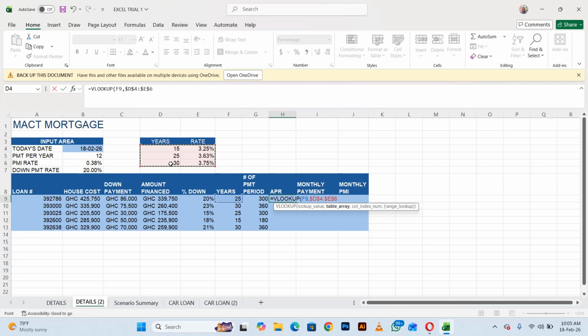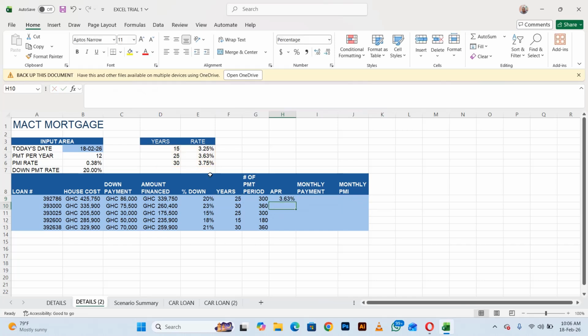Good. After that, you bring your comma, then you come with the column index number. So even you don't need to chew this formula in your head, just follow these ones. We have picked the years already here. So what we need is the rate, which is in the second column. So you bring column 2, and then you are done.